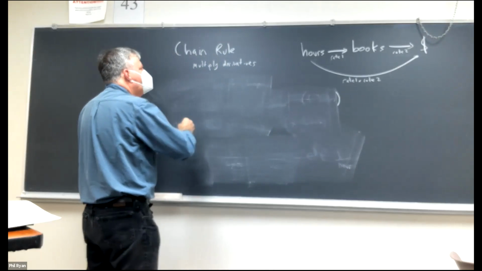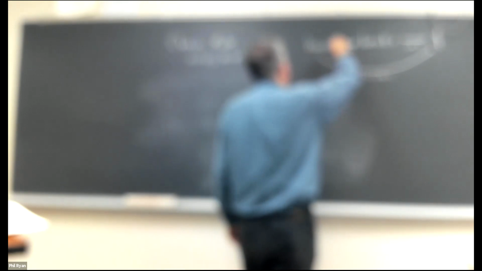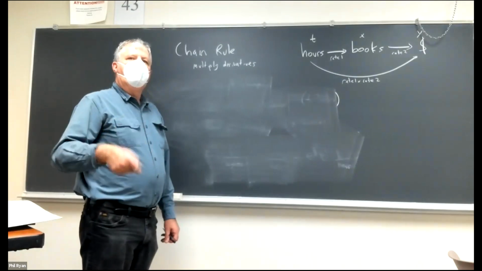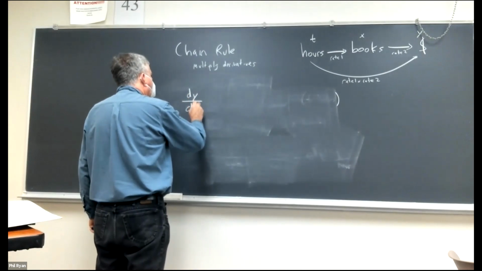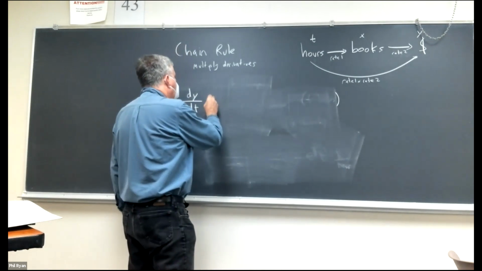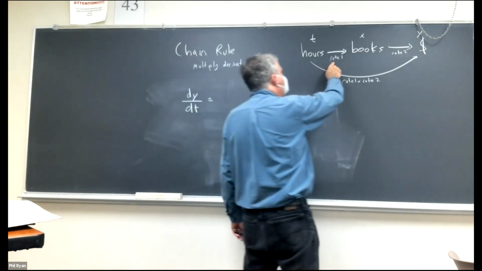Let's call these variables: this is t, this is x, and this is y. The rate at which we get money per hour is dy/dt. That's just the rate of change. It's equal to this rate times this rate.